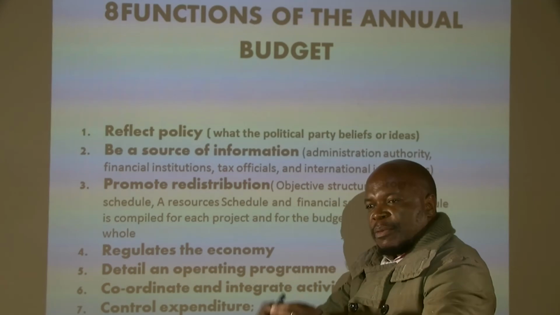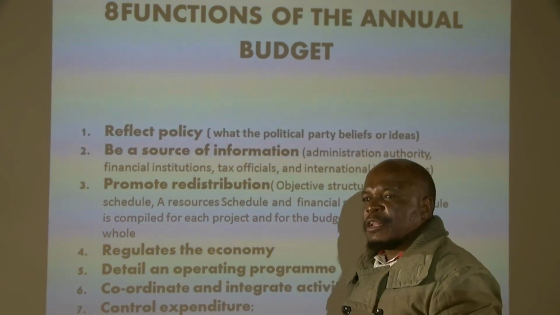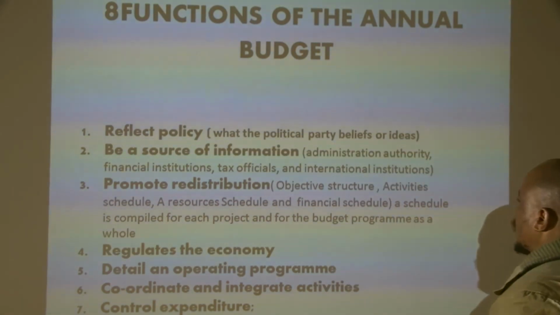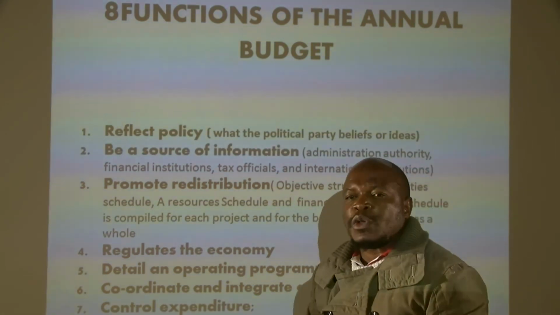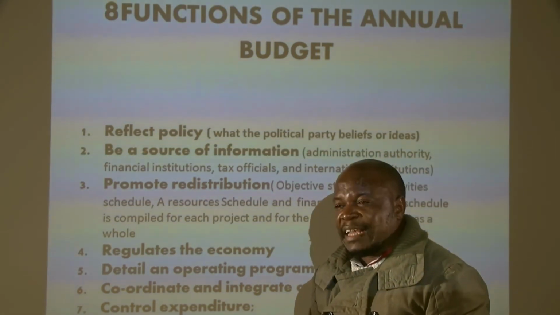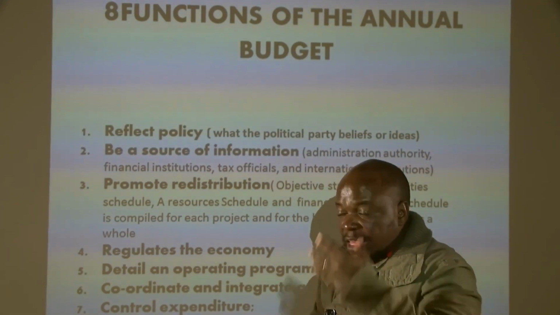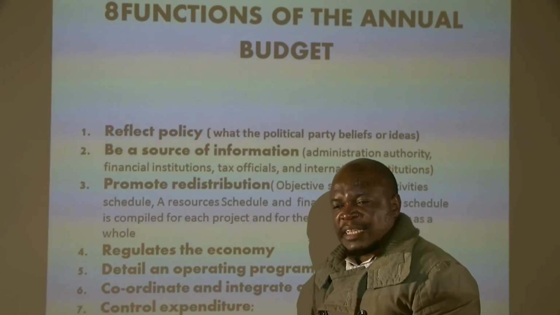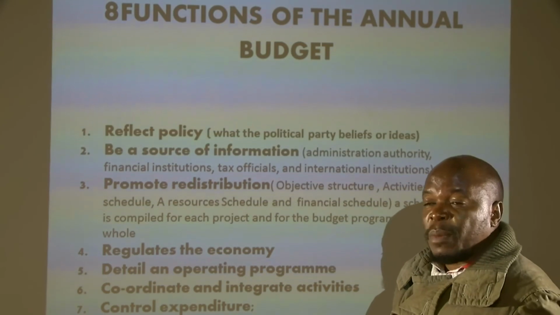Also, the tax officials, SARS, collect money, and that money and percentage are also put in the budget. Then there are international institutions which also need to know the guidelines. How is this going to work? For example, the IMF needs to know how much they are budgeting.